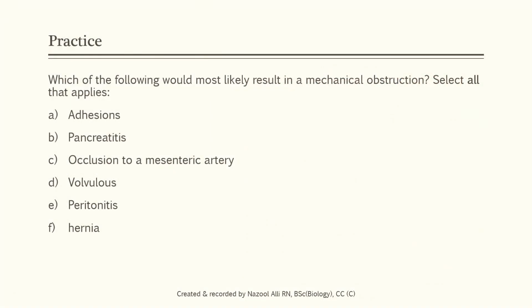Now, just for simple practice purposes, 2 questions were included to help solidify the content. The first question is, which of the following most likely result in a mechanical obstruction? Select all that apply. Adhesions, pancreatitis, occlusion to a mesenteric artery, a volvulus, peritonitis, and hernia.